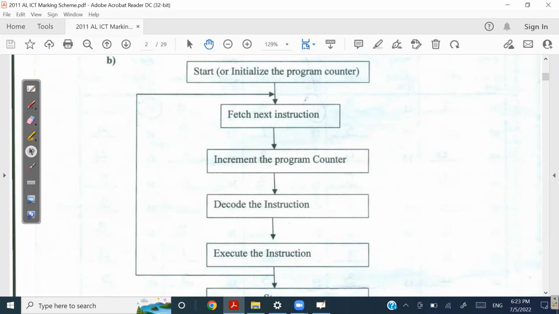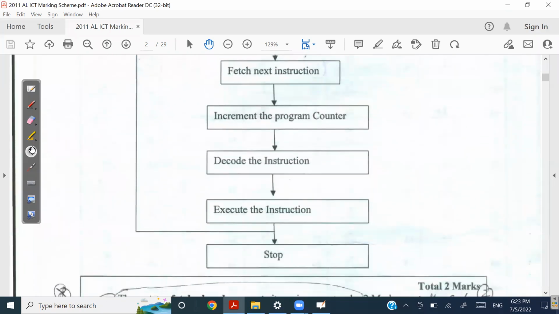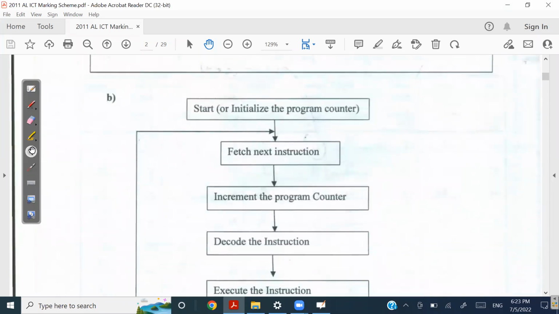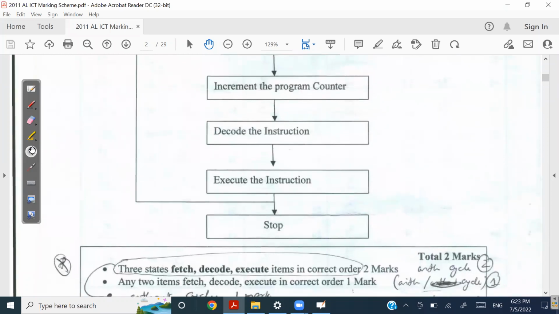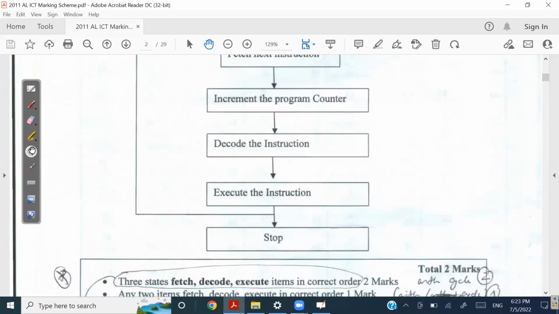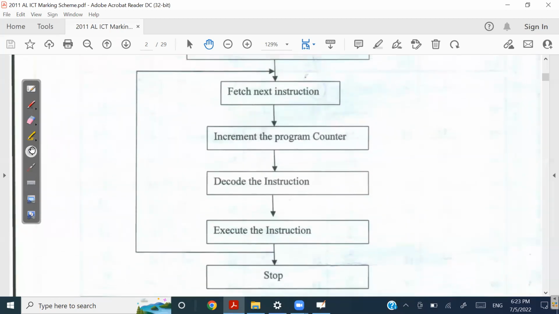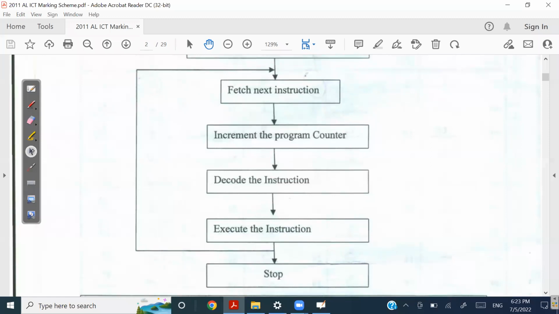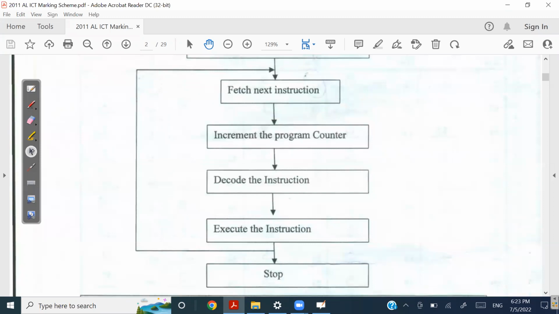Start is not a must, and stop is not a must. You should have that particular fetch, decode, execute thing with the increment of the program counter. For those things, 2 marks.